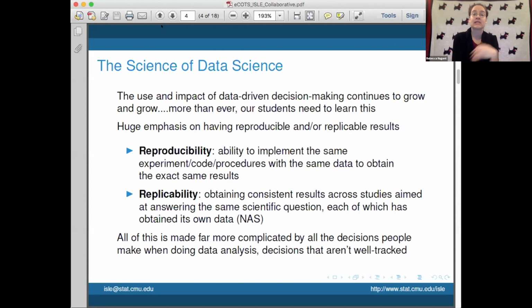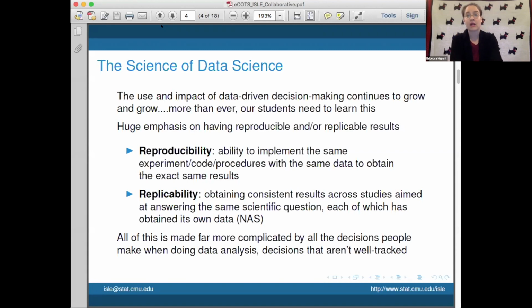I should be able to implement the same experiment or the same code, the same procedures on the same data and get the same results. We also have this notion of replicability that comes up. Here I'm thinking about obtaining consistent results across studies that are aimed at answering the same scientific question.